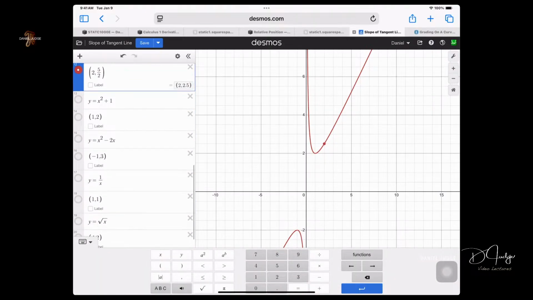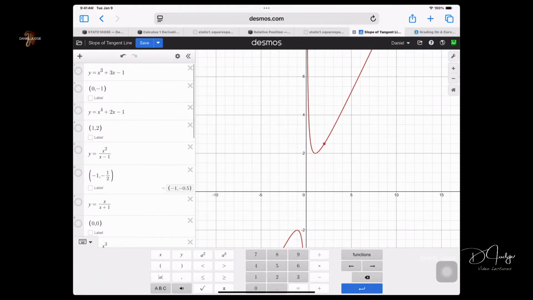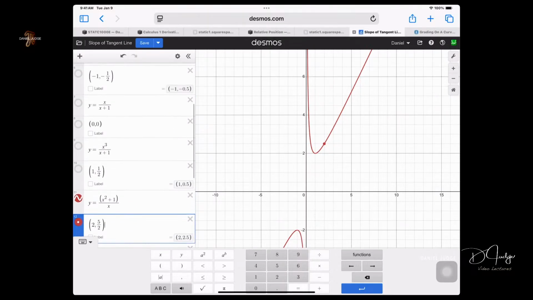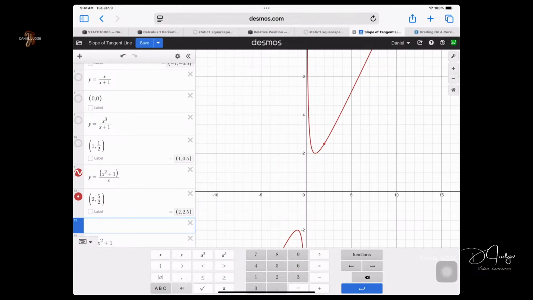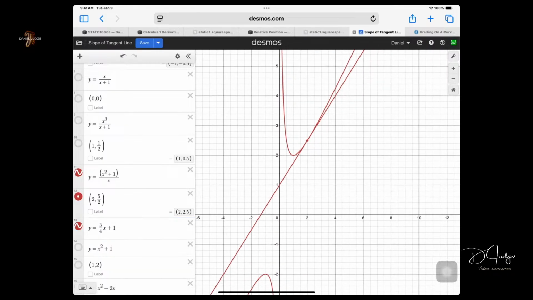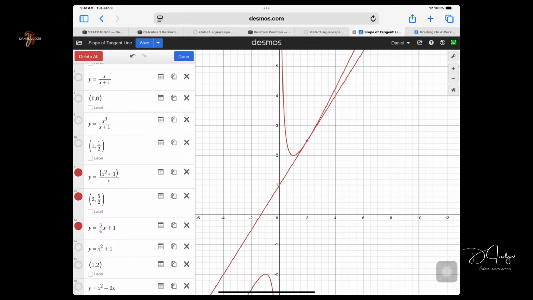Now, 3/4 x plus 1, if I do that, let me add one. Okay. Y equals 3/4 x plus 1. I want you to see this here. Okay, that's the equation of the line tangent to the curve.